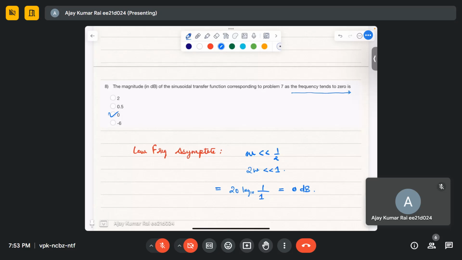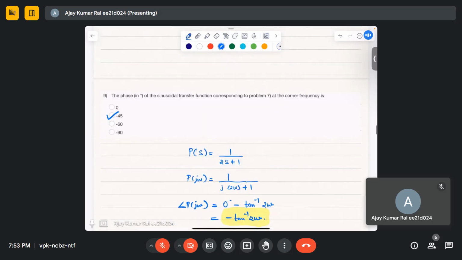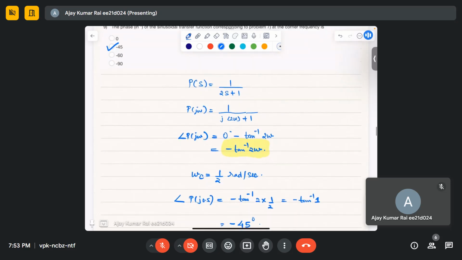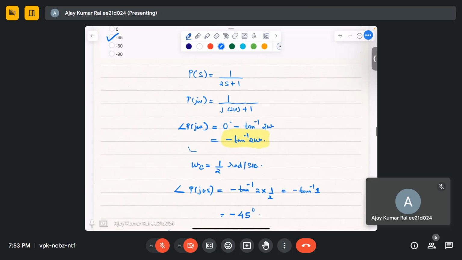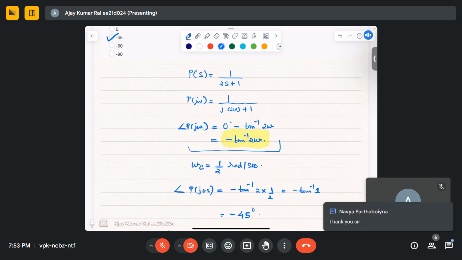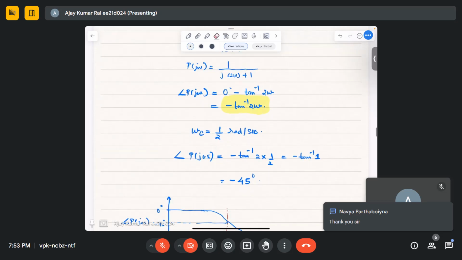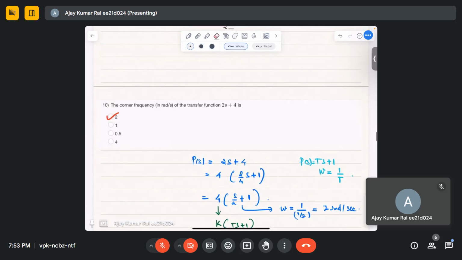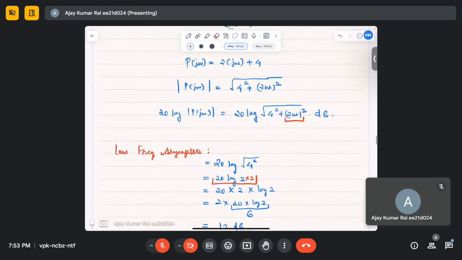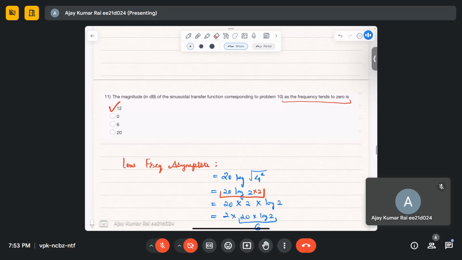This is very simple. And for phase, how to find the phase at a frequency: once you find the phase, just put in the value of omega where you want to find it. The rest are very simple questions. Low frequency, cutoff frequency, corner frequency to find out here.